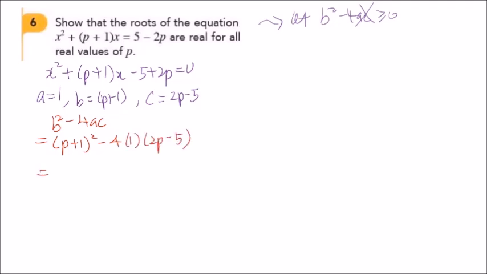Alright, we're going to expand this. This one you can just use your algebraic identities.